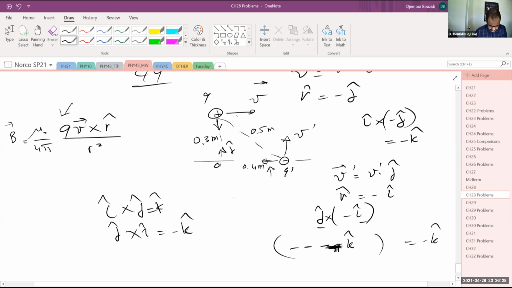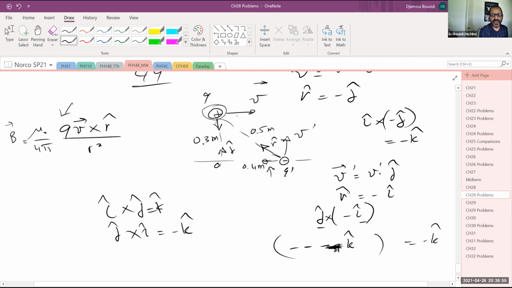And then they tell you to find the force on one. I know I'm 1 minute outside of the time. So basically, you calculate the magnetic field in this point, for example, due to this charge. This is a direction now of r hat that you need to find. Okay, you know the velocity is in the x direction. So this component of the r hat is not going to contribute because it involves the sine of 180 degrees, which is 0.